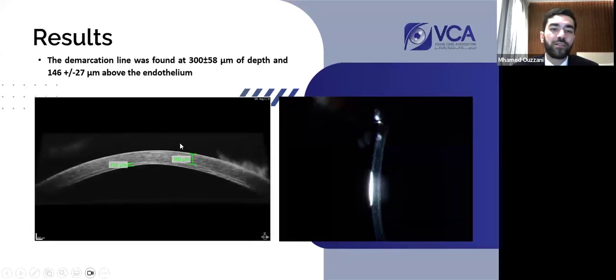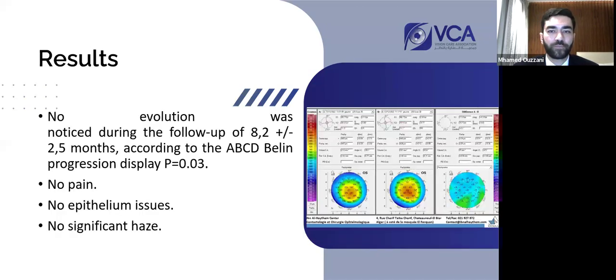The depth is almost 300 microns, but the important thing is that this demarcation line must be at least 80 microns above the endothelium, because we don't want to damage the corneal endothelium. In our study, the demarcation line depth was 146 microns above the endothelium.